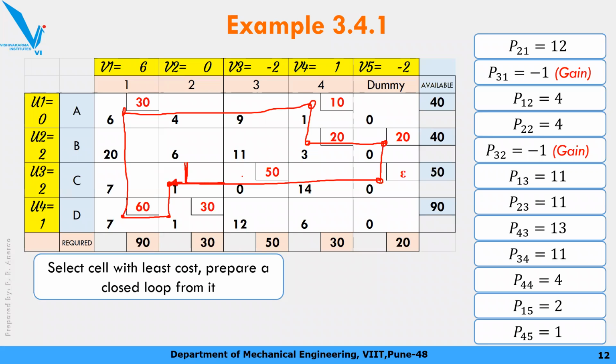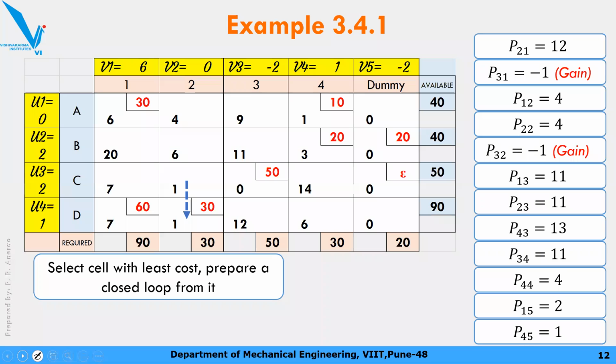I'll draw it clearly again: from the starting cell, turn and jump onto an occupied cell, then turn and jump, again turn to the right-hand side and jump onto an occupied cell, then turn, turn, turn and come back. So this will be your closed loop.